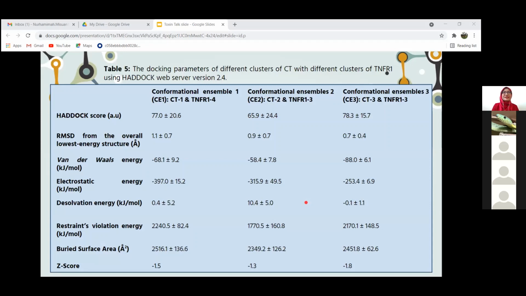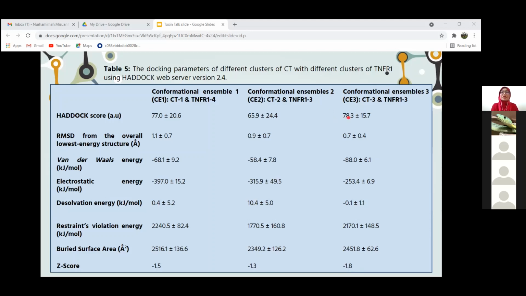So this table summarizes the docking parameters of the 3 selected conformational ensembles of CT and TNFR1, which are CE1, CE2, and CE3. So similarly, we rank the conformational ensembles based on the head-up score, the Z-score, and also the RMSD value. So from all the parameters mentioned above, the conformational structure of CE3 fulfills the criteria of the best ensemble conformation, which exhibits the lowest RMSD value and the lowest Z-score, despite having the highest head-up score.